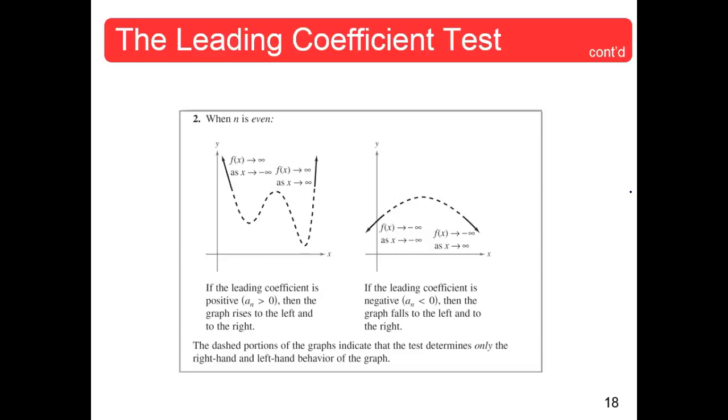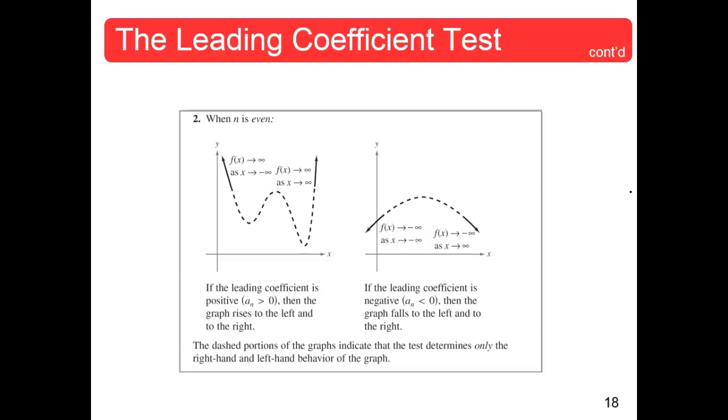However, if n is even and a is negative, they're going in the same direction, so a negative coefficient is going to put them down. Both of them going down. So for x negative infinity or positive infinity, your f of x is going to be negative infinity both ways. It's got to be the same because n is even. You've got to go with the sign of your a. Same thing.